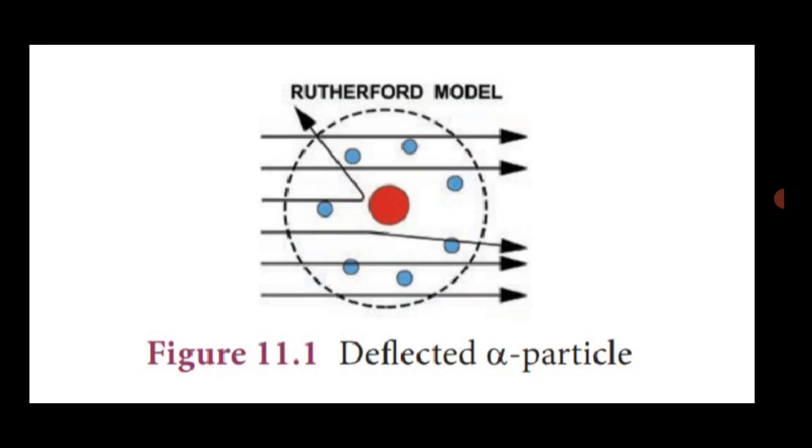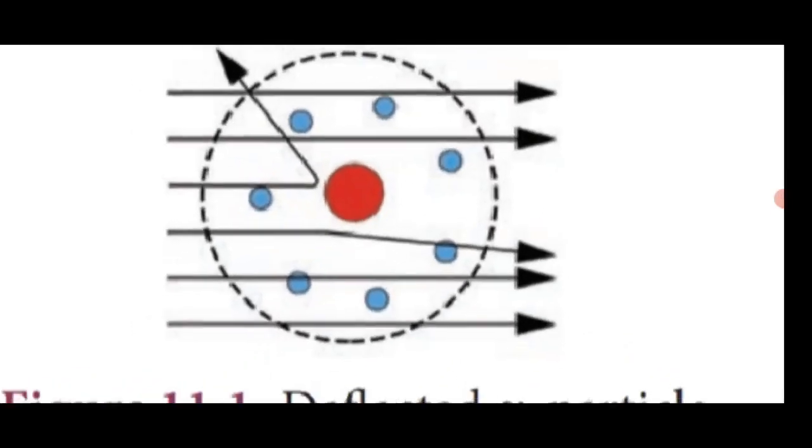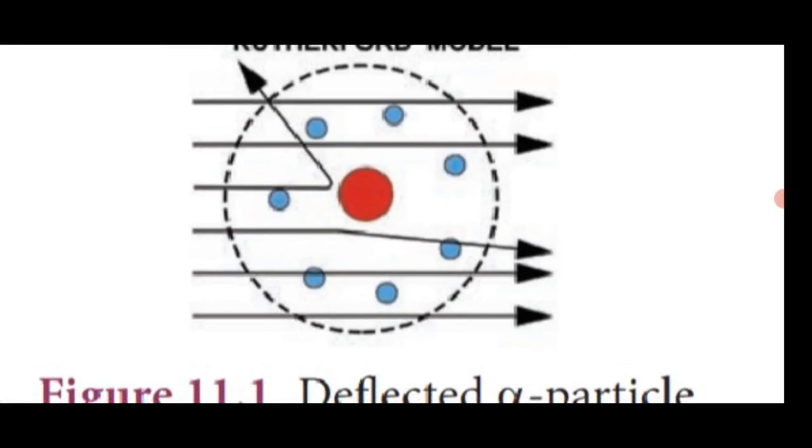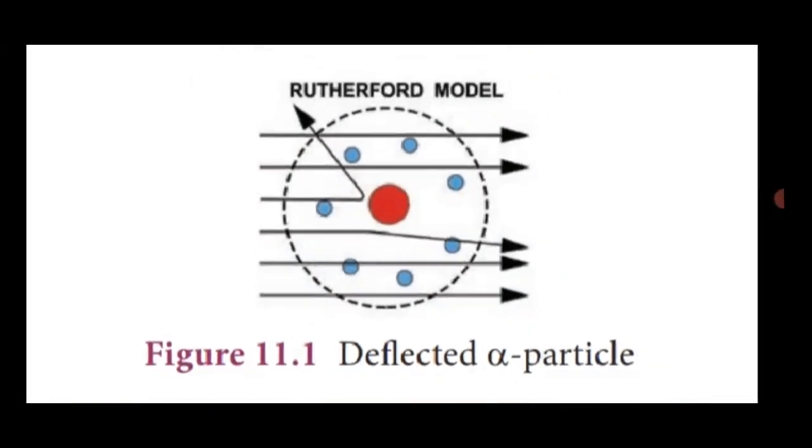Only some alpha particles are slightly deflected from the straight path. Very few alpha particles are completely bounced back. So the center of the atom, the nucleus, contains a small positive charge.